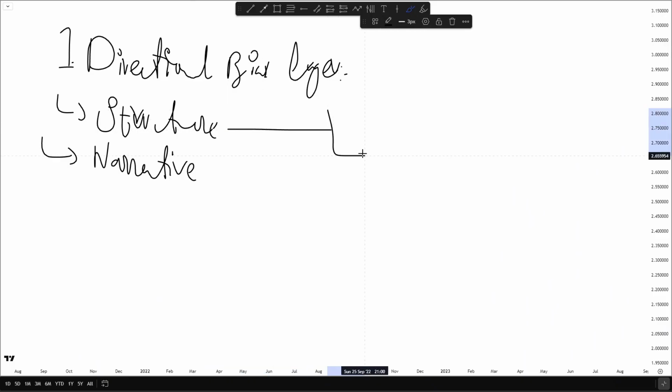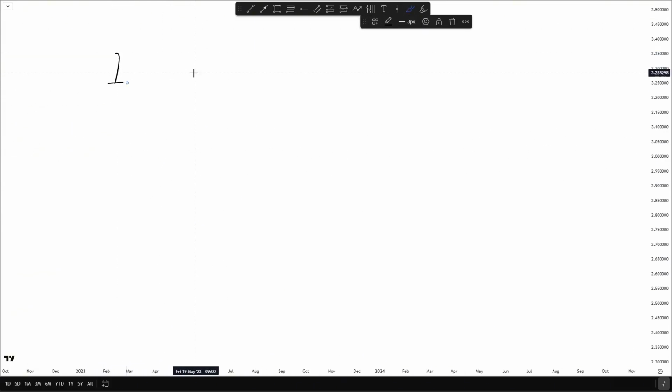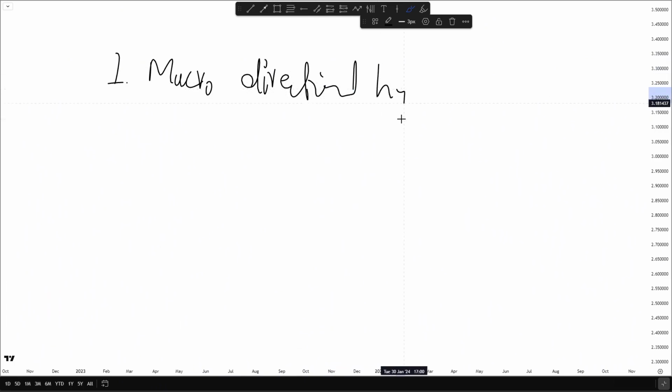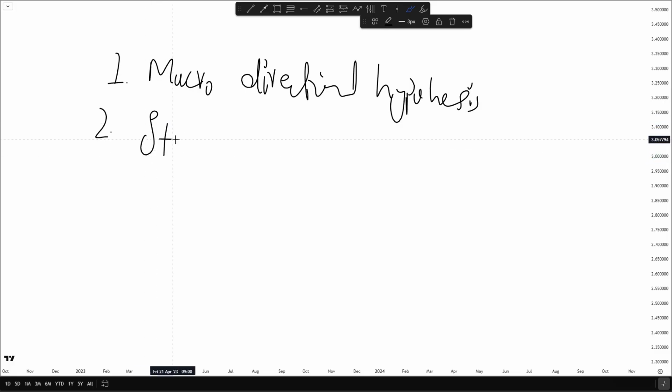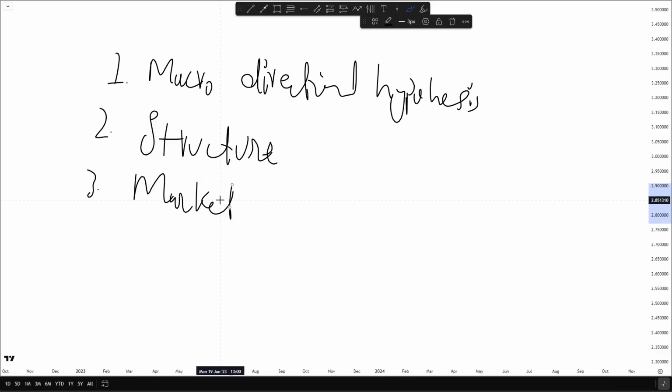Within it, we had 3 steps, and those 3 steps were, first of all, establishing or building a macro directional hypothesis, then validating or invalidating or assessing that hypothesis with structure or the ideas within structure, and then refining that idea with market profiles.